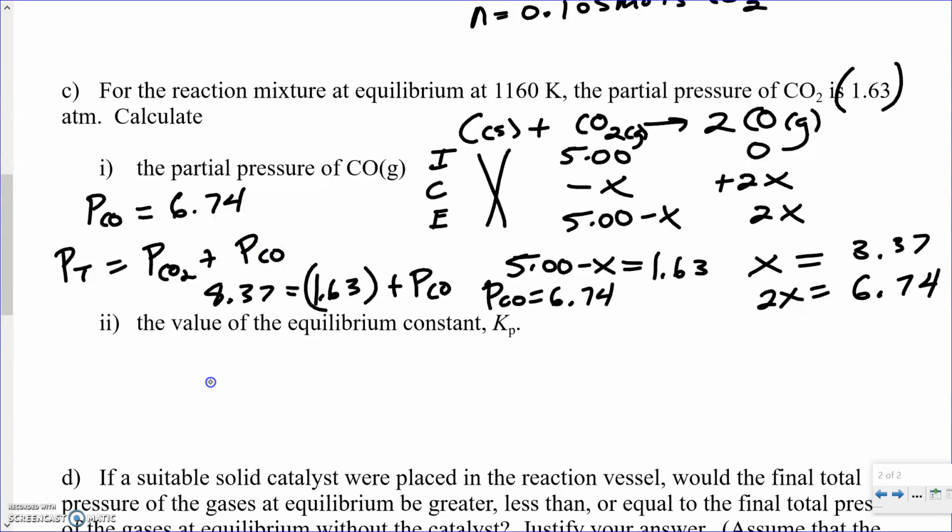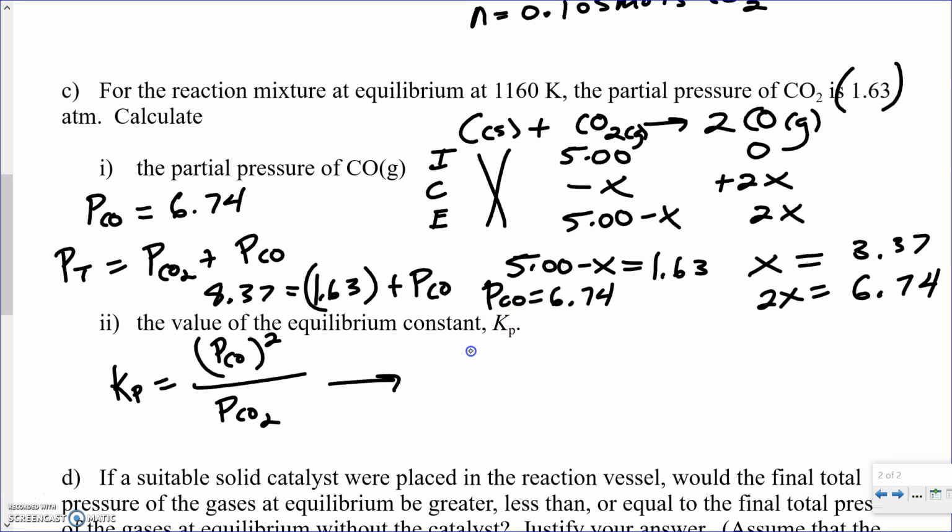Now from here, we're asked to calculate Kp. Well, we know Kp, if we go back up to our earlier problem, we're told it is the pressure of carbon monoxide squared divided by the pressure of carbon dioxide, which we just calculated those values.